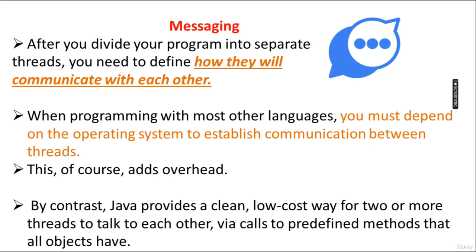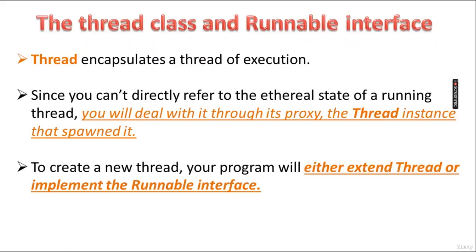By contrast, Java provides a clean, low-cost way for two or more threads to talk to each other via calls to predefined methods that all objects have. Low-cost means that the multi-threaded environment itself gives you messaging, so you can communicate between the threads.